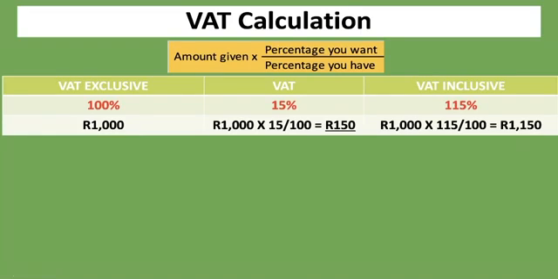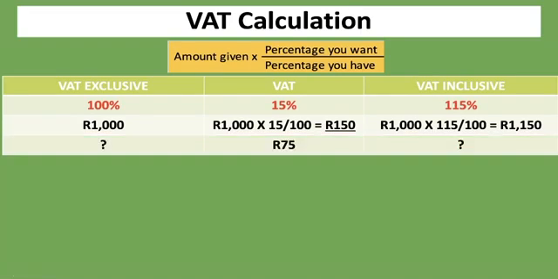Now let's look at the second example. Here we are given the VAT of 75 Rand and we're asked to calculate the VAT exclusive and the VAT inclusive. So firstly, we want the VAT exclusive. Now we know that since this 75 Rand is for VAT, the 75 Rand is 15%. Now if we have to calculate VAT exclusive, obviously we're going to take 75 Rand and we multiply that by the percentage that we want.